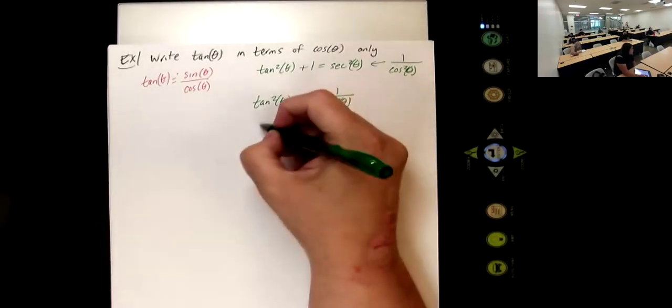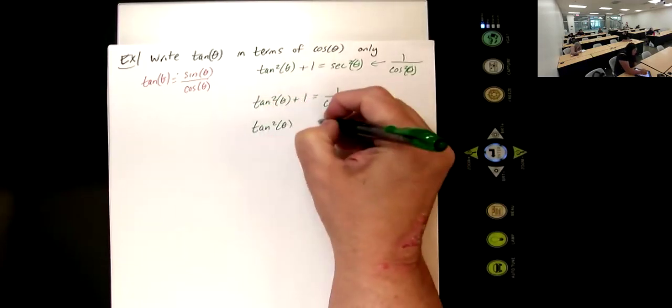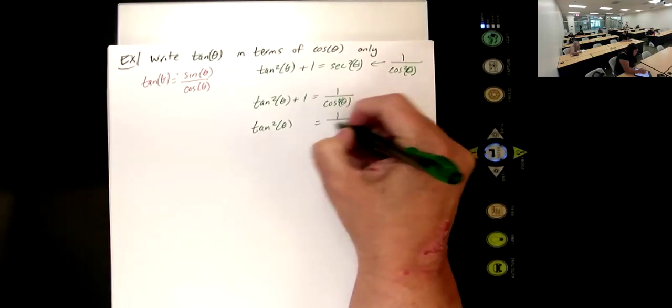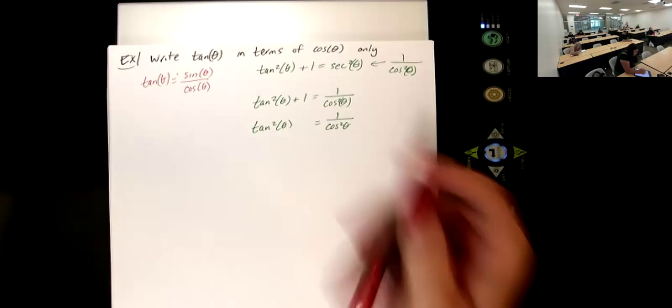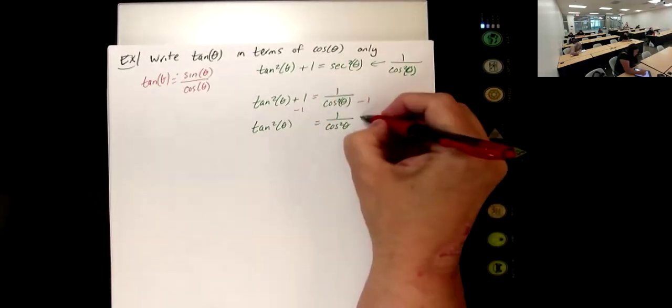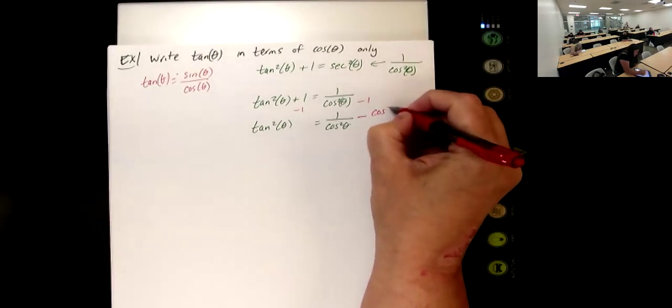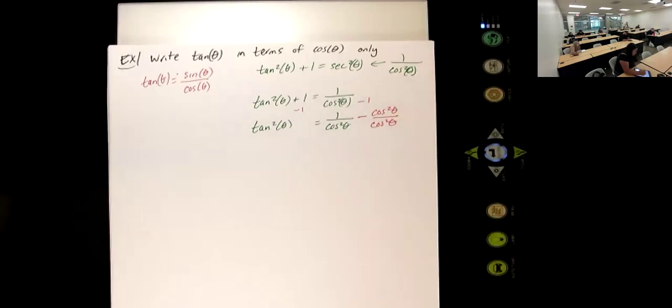And if I subtract 1 on both sides, I'm gonna write this minus 1 on the right side as minus cosine squared theta over cosine squared theta, so I get a common denominator.